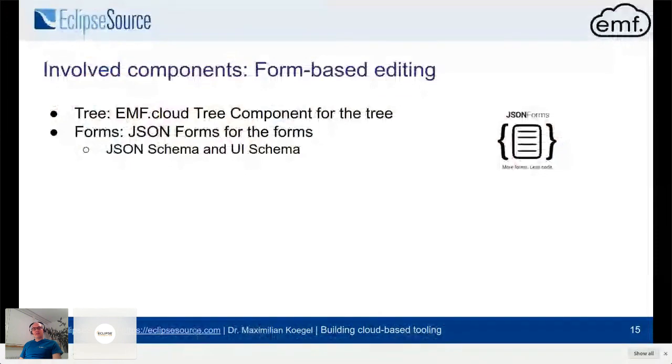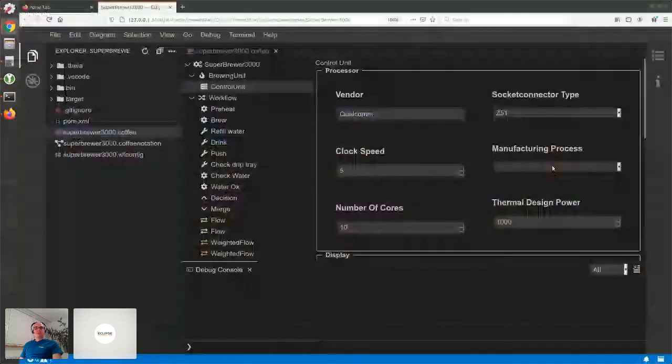And JSON Forms takes into consideration a UI schema, which describes how those different properties are mapped into a form-based UI. So for our example, it would tell us that we have a group that is called processor, and in that group, there is a control for a vendor in a 2-column layout, and it binds to the vendor from the data model, and then underneath there's clock speed and so on.